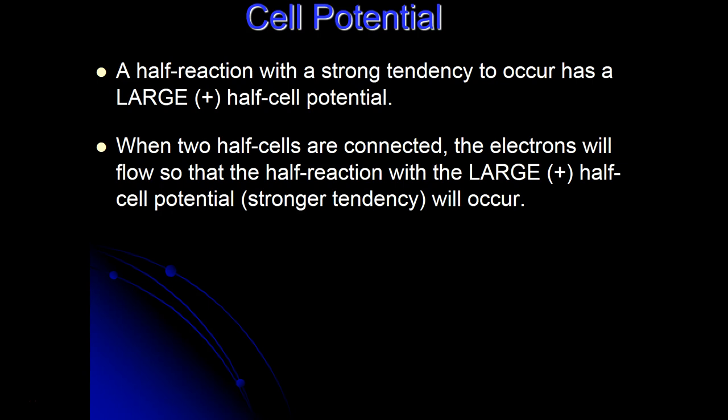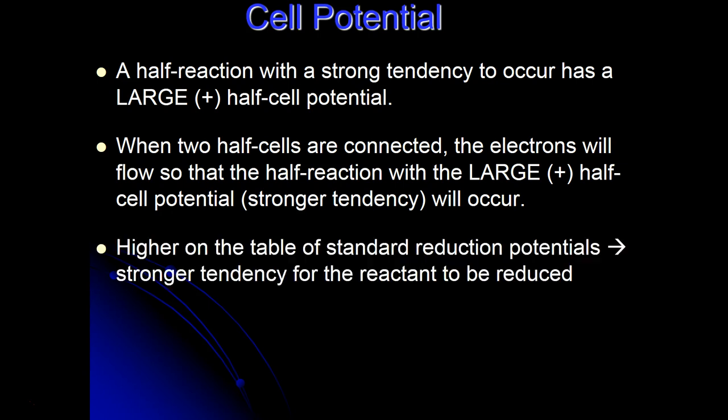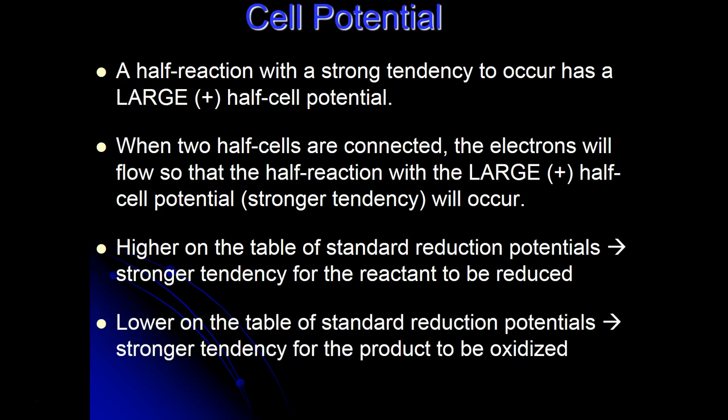Think back to copper-zinc. Copper had a larger reduction potential, so the electrons flowed from zinc to the copper 2+, so it could be reduced to form copper solid. Higher on the table, stronger tendency to be reduced. Lower on the table, stronger tendency to be oxidized.